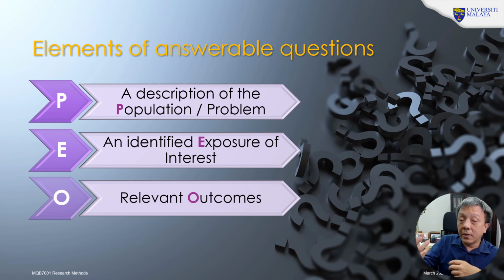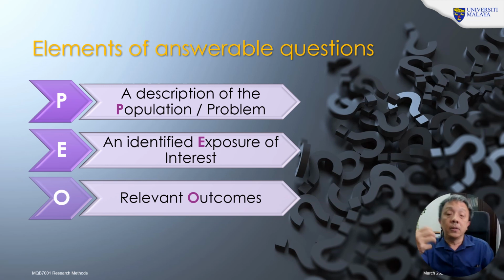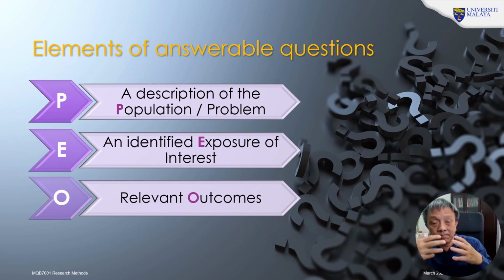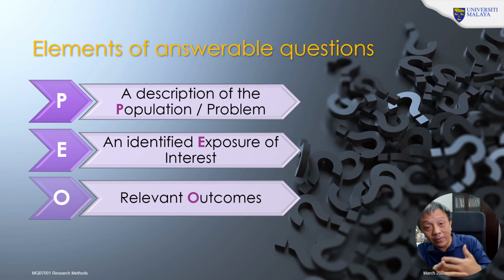the type of diet that you consume. So that's called exposure. And the outcome will be, do you develop the disease or not? Do you develop a symptom, like musculoskeletal disorder, or are you going to have diabetes, hypertension, and then obesity?